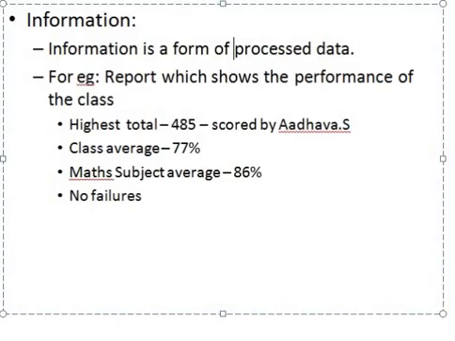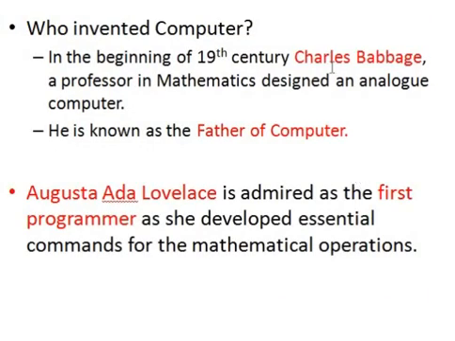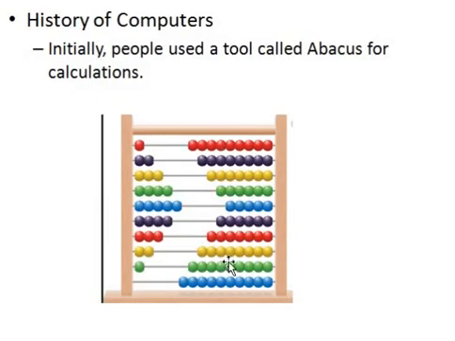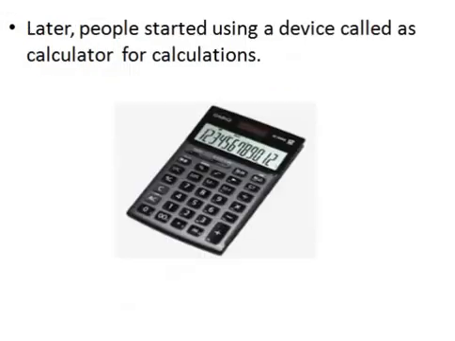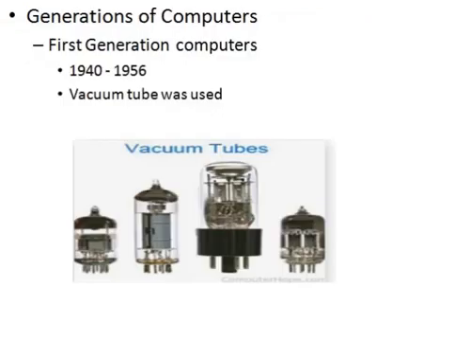And then, who invented computers? Charles Babbage, known as the father of the computer, and Augusta Ada Lovelace, the first programmer. Then the history of computers. In the beginning they used the abacus for calculation, then calculators, and then the computer started its usage. We discussed the generations of computers.